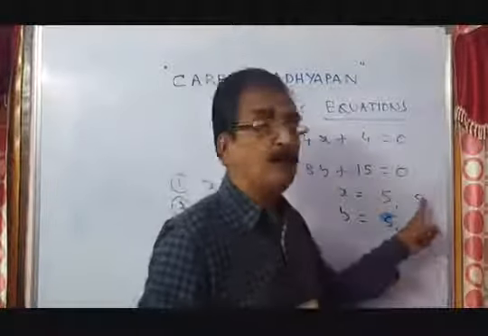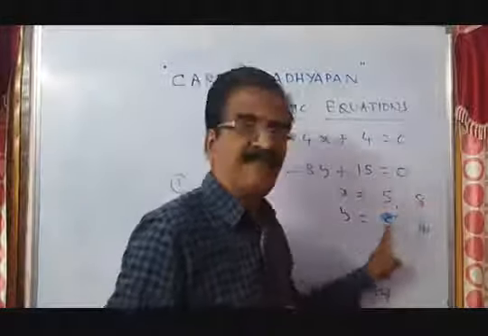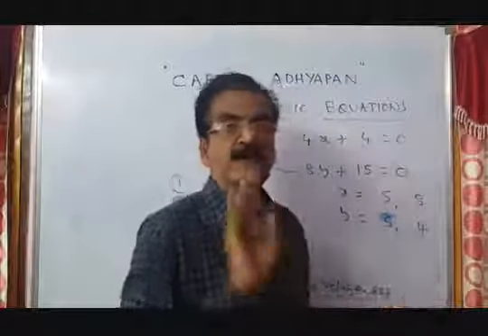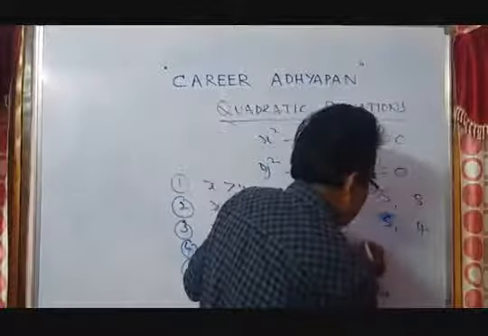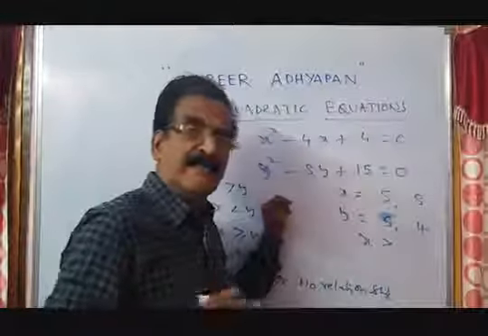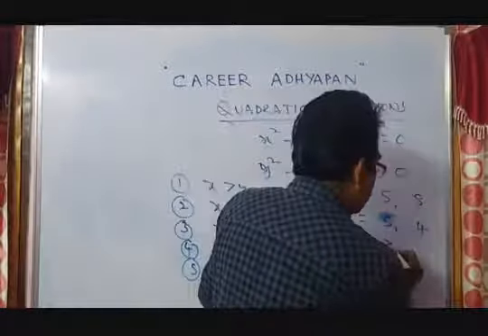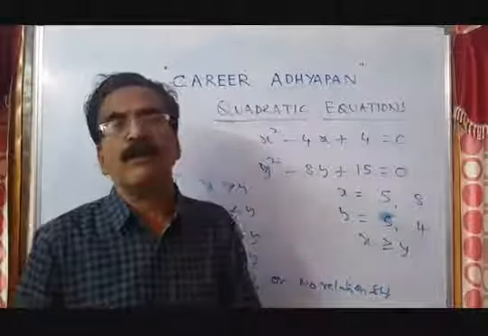But you have to look at this value also. 8 of course is greater than 5, 8 is greater than 4. So altogether you are getting the relation x greater than or equal to y.